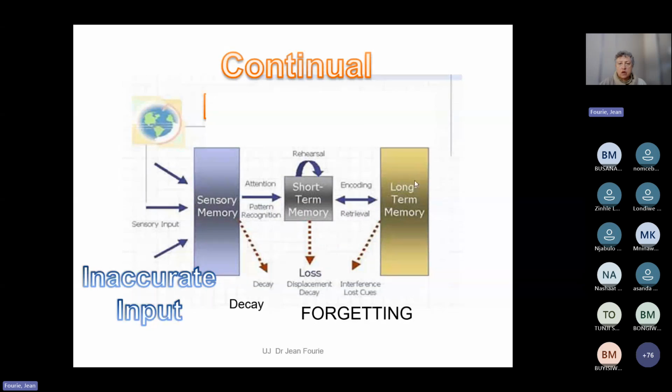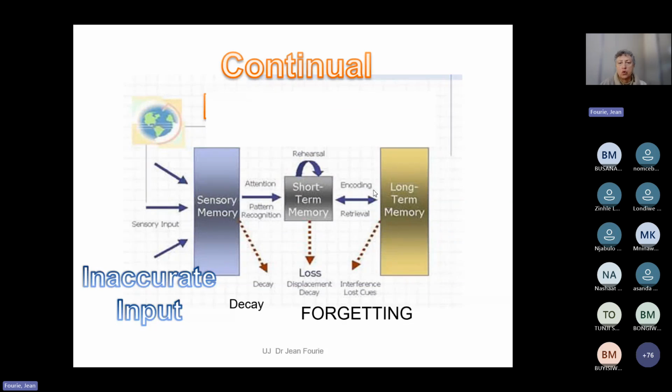And in the long-term memory as well, information will be lost as time progresses. And we all know of elderly people who forget things that they used to know because there is this natural decay that happens in the long-term memory. And so the interference cues that we use in order to remember things get forgotten as we are replacing that long-term memory with new memories and other things.